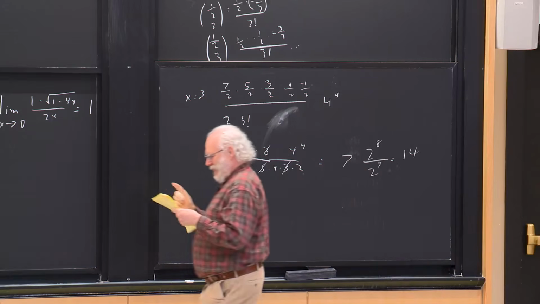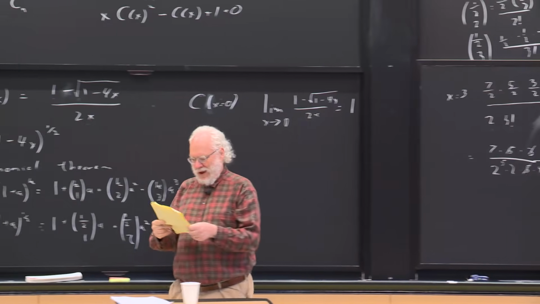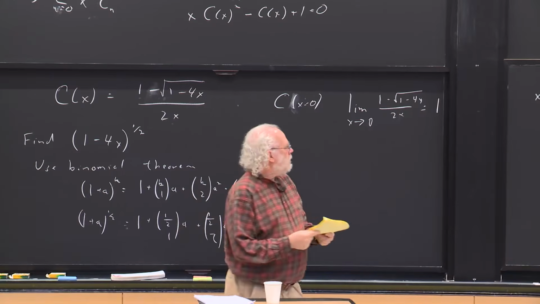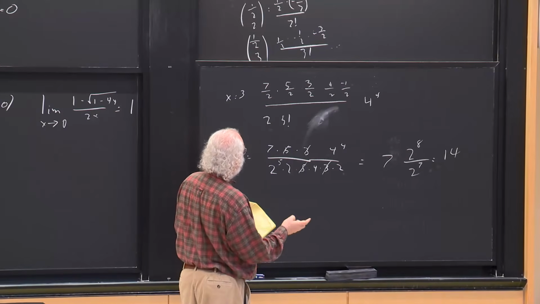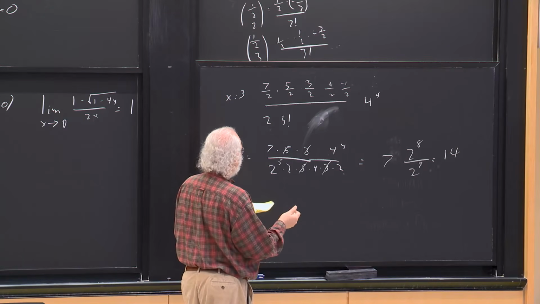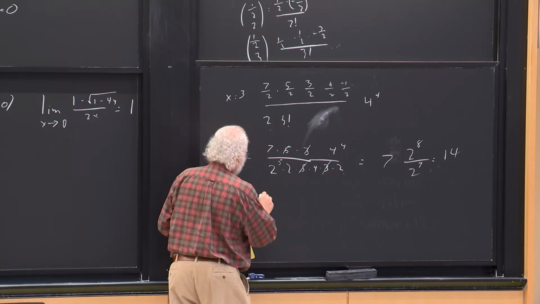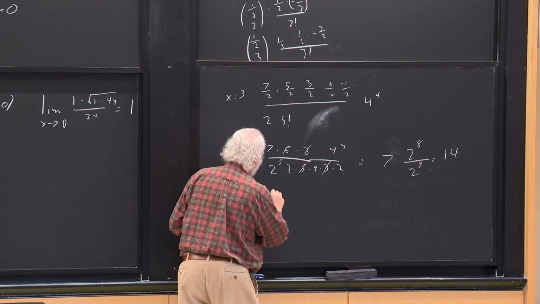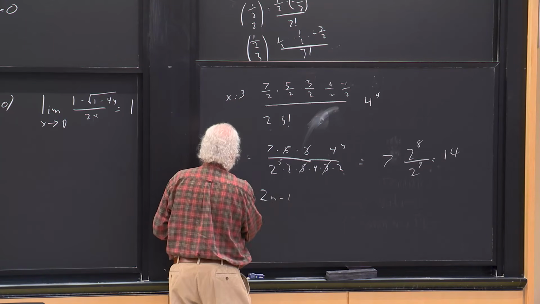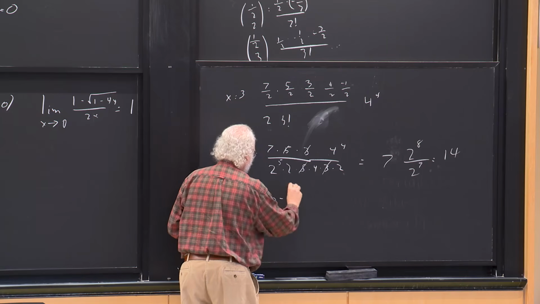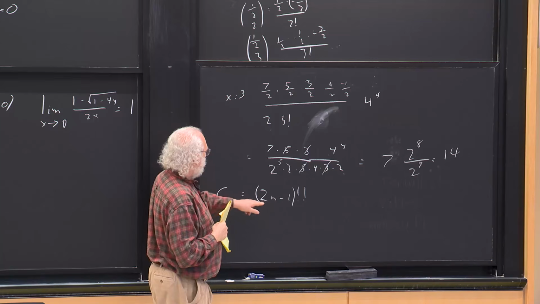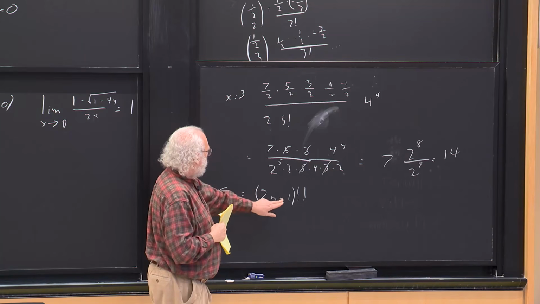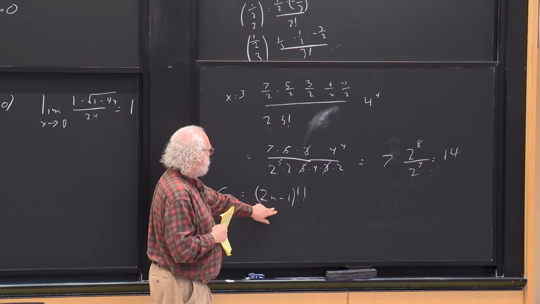And I want to claim, just by generalization, that this is going to be 2n minus 1, c sub n equals 2n minus 1 double factorial. So double factorial means 2n minus 1, 2n minus 3, 2n minus 5, all the way down to 1.